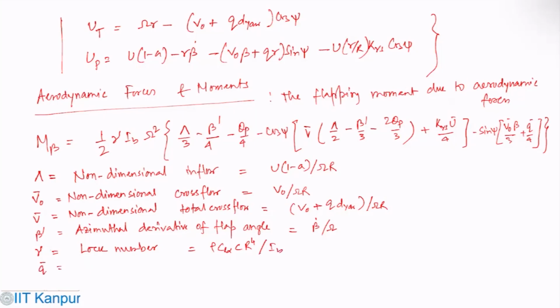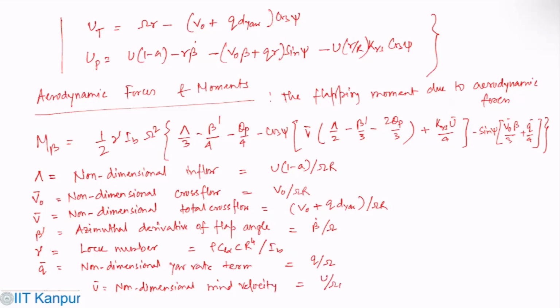Q bar is the non-dimensional yaw rate term, which is Q by omega, and U bar is the non-dimensional wind velocity, which is U by omega r, which is 1 by lambda. And lambda is the tip speed ratio.